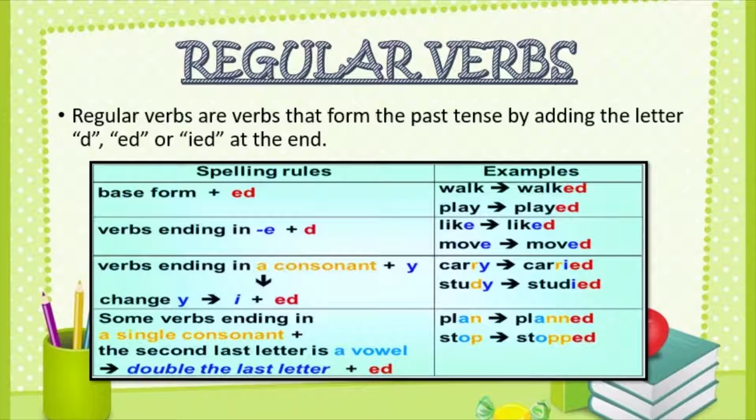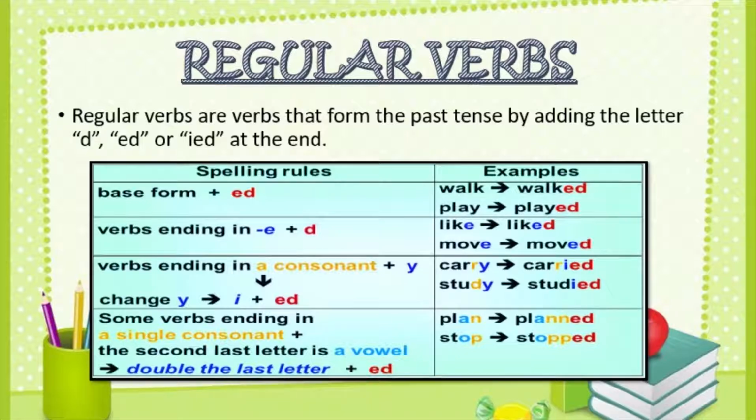The yellow one, carry, shows the consonant and then y, you change with I, the blue one, and after that you add ed. So carry becomes carried. Study becomes studied. I hope you understand the third one.